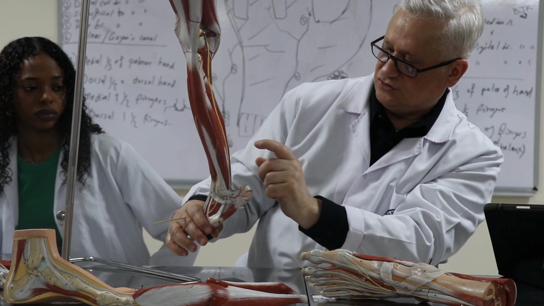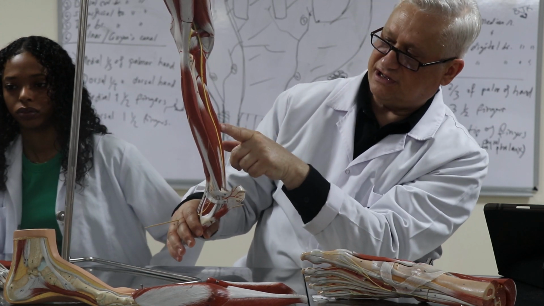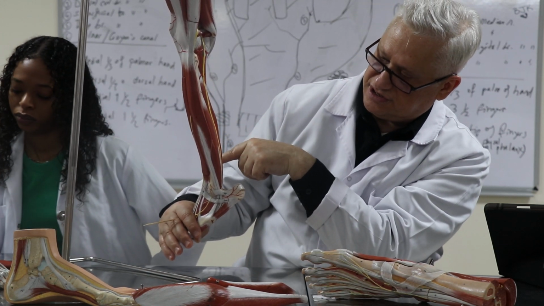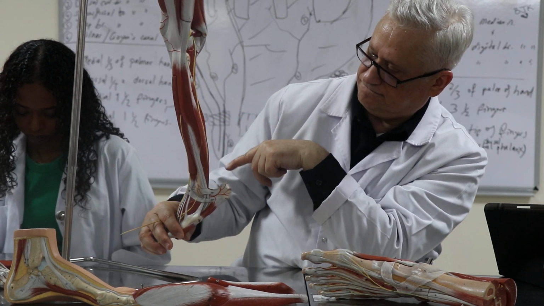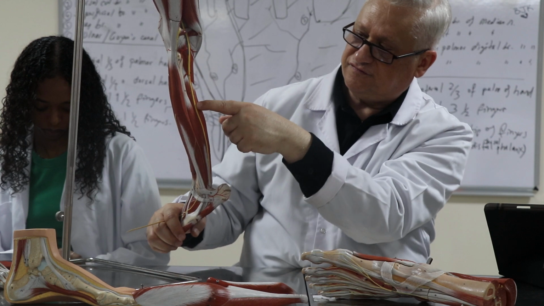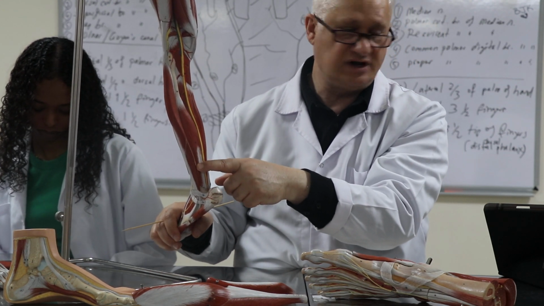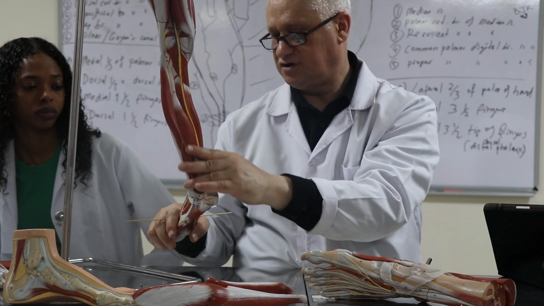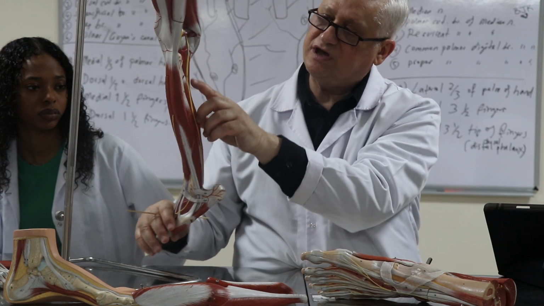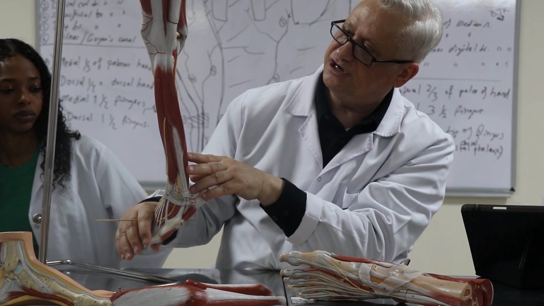So on the medial side, we have the tibialis posterior. Then we have flexor digitorum longus. Then we have flexor hallucis longus. Most lateral is flexor hallucis longus. All right. So these three muscles are located here, and then we have the popliteus muscle.